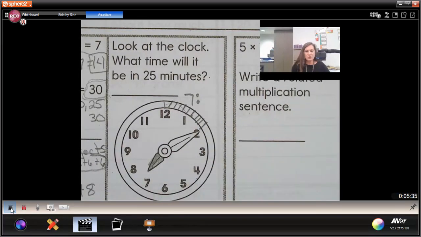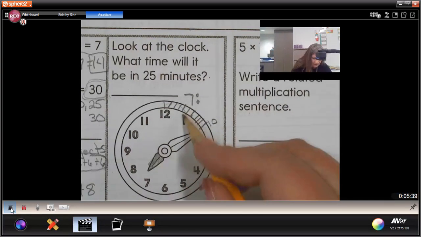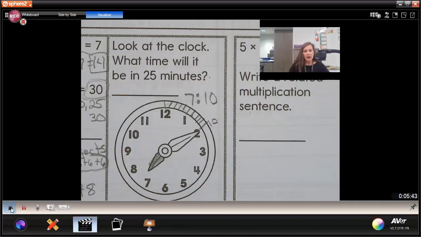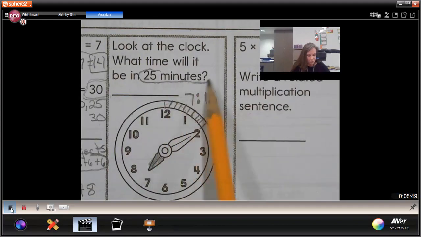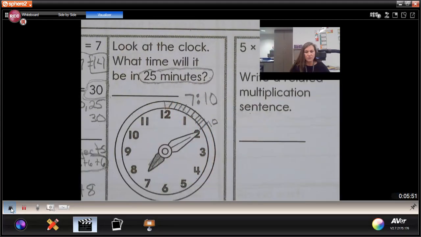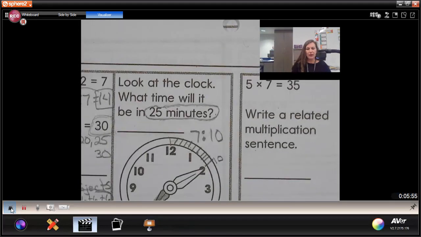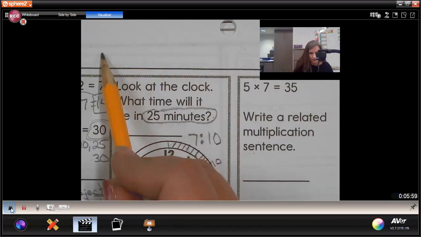So when we get to the 2, that's going to be 10 minutes. So 5, 10, 7:10. Now, they don't want to know what time it is on the clock. They want to know what time it will be in 25 minutes. So what I need to do is I need to think about my number line here. And I'm just going to draw a timeline up here.